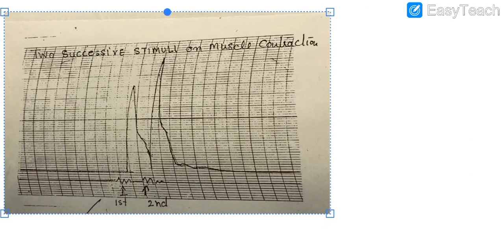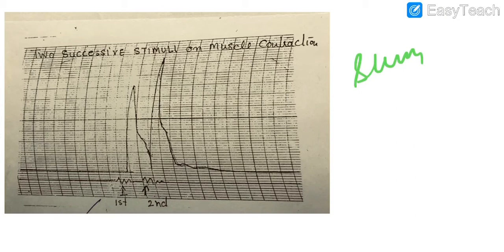So obviously it is not falling in the refractory period, that's why we are getting the additive effect. So there is an increase in the height. Now why is there an increase in the height? This is called summation of stimulus. We can also say summation, meaning summed up, the additive effect.